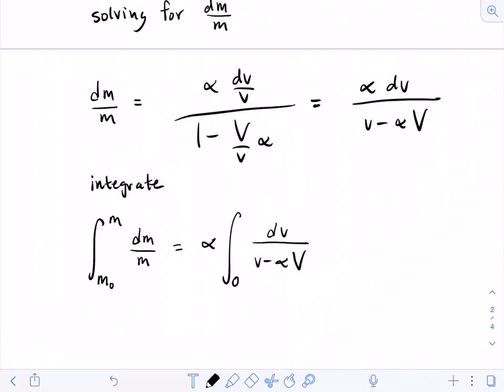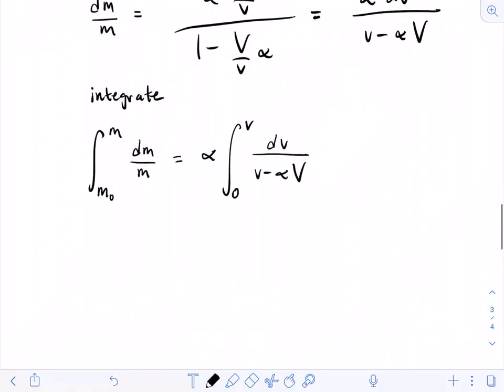If we start our rocket from rest, we want to know its final speed after we've burnt a bunch of our fuel. The integral of 1 over m is the ln of m, so we end up with the ln of m over m0.